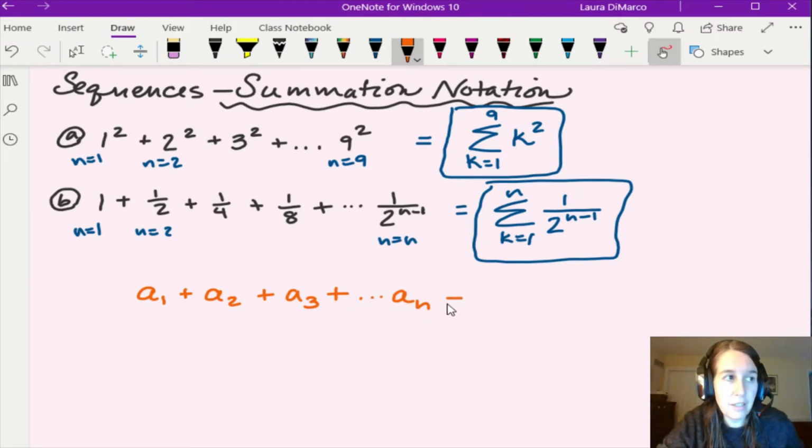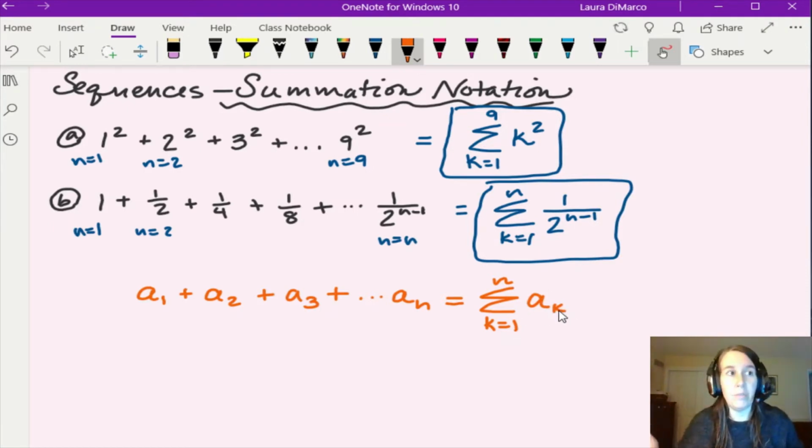That creates a sum, all right? So we're going to use the summation notation symbol, sigma, and then we're starting at 1, and we're going to say k equals 1, and it goes till n of a sub k. All right, so whatever the sequence is, define each term and add them together.